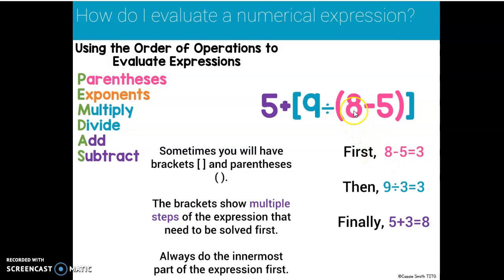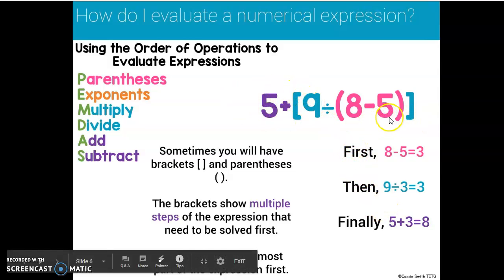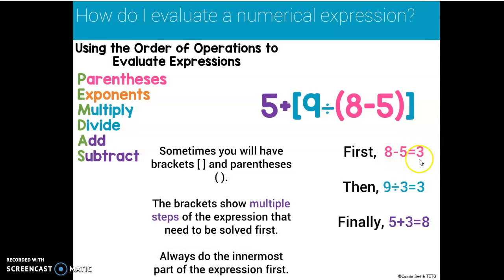So first we have 8 minus 5. And if you think 8 minus 5, oh, that's 3. So that would be our first one. And then the next step is your group, which would be 9 divided by the 3. So we took the 8 minus 5 and had a 3. That is what you're dividing 9 by. So you divide 9 divided by 3 equals 3.